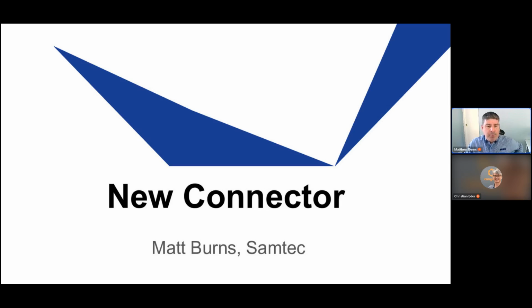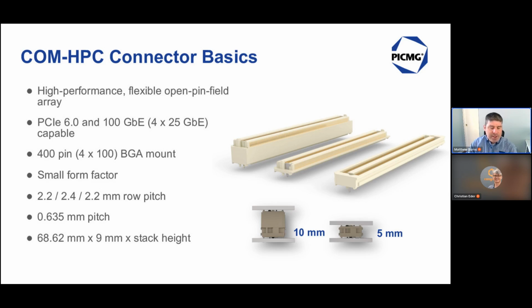So the first thing that we wanted to do is just provide some additional details for the connector selection on COM-HPC 1.2, COM-HPC Mini, as well as some of the additions that were made to some of the legacy interconnects. As a brief reminder, the COM-HPC connector is very high performance.